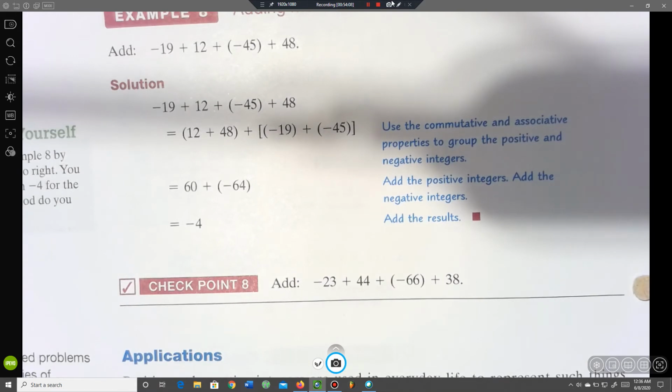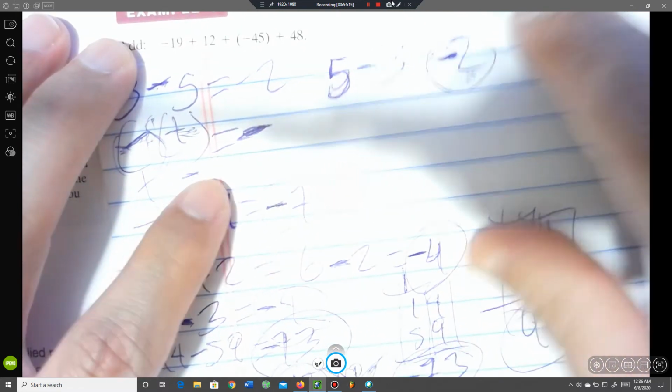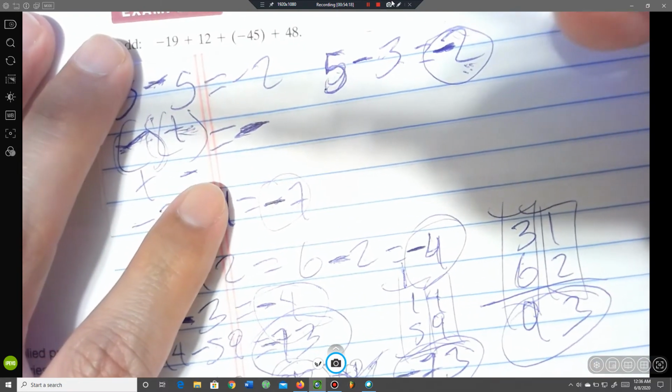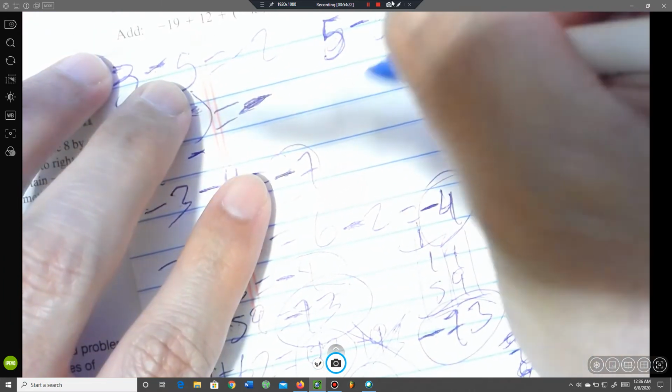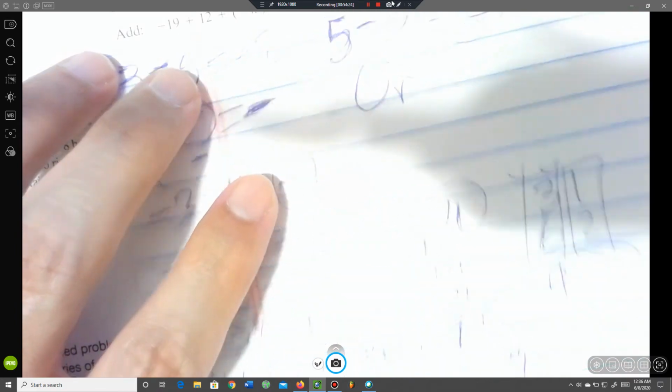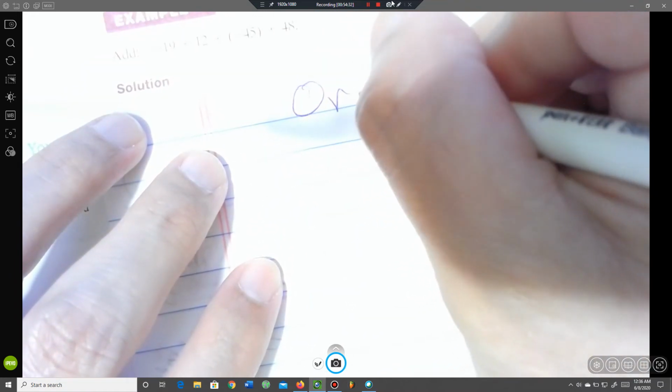Okay, so here's another rule. I don't know if you remember back from high school where you learned the order of operation. Well, let me use a new piece of paper here. Order of operation.